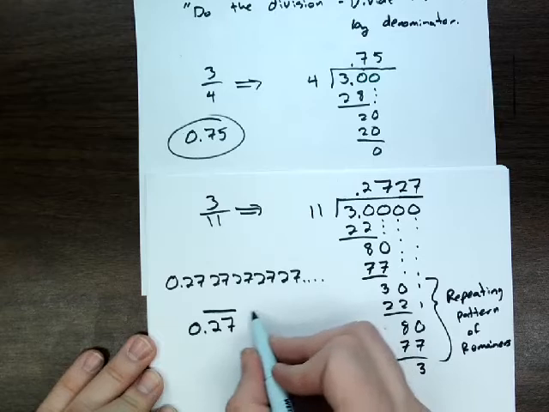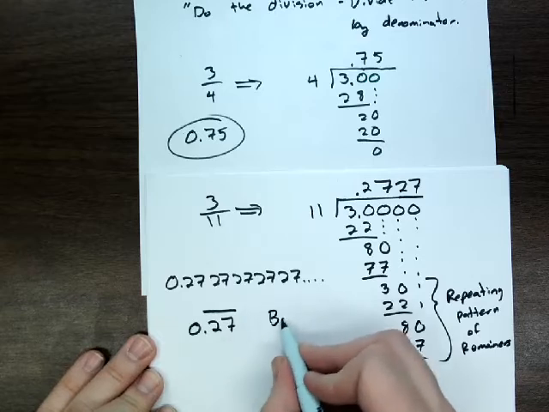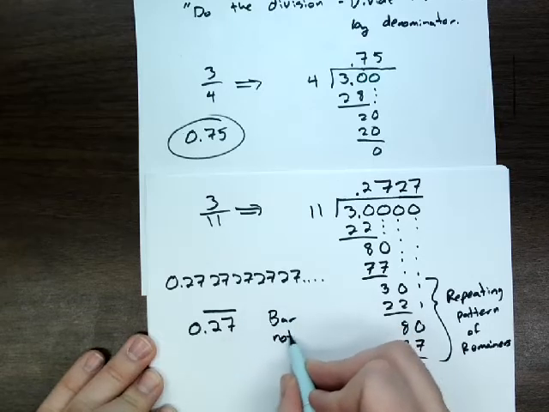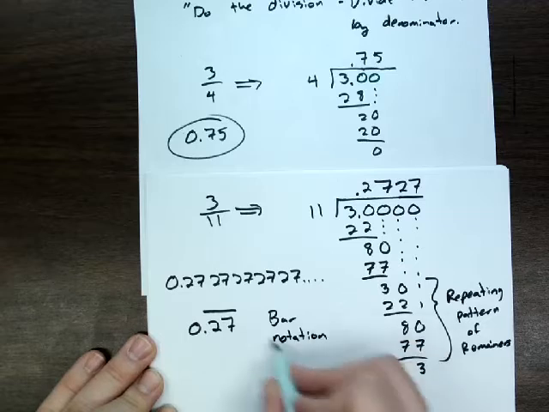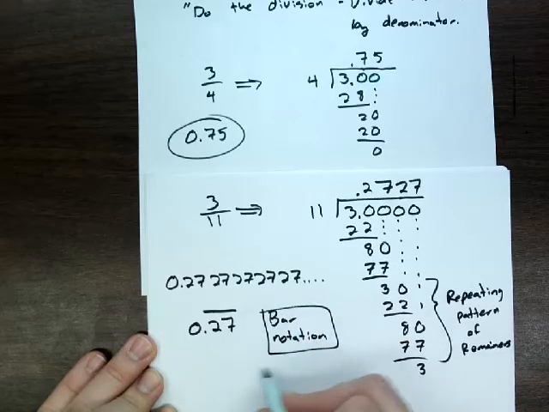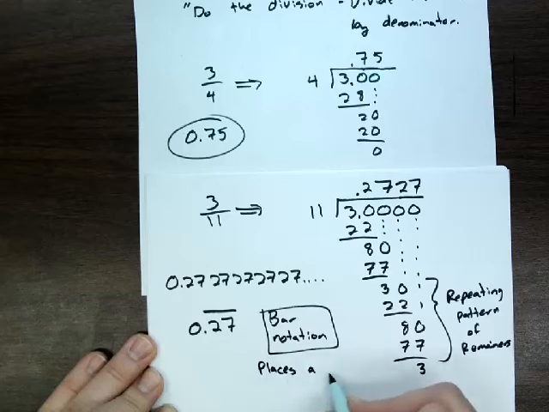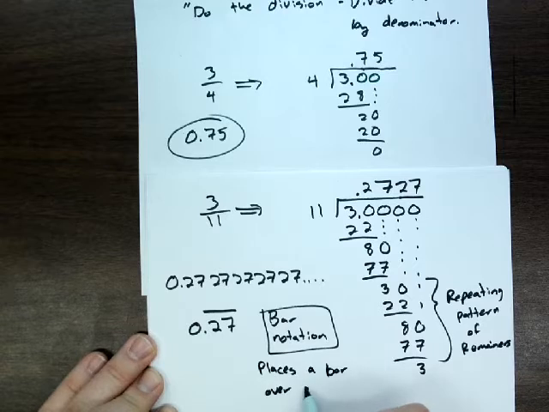So this bar notation places a bar over digits that repeat.